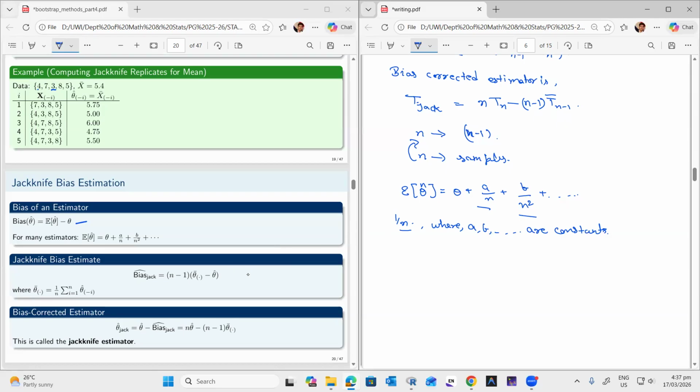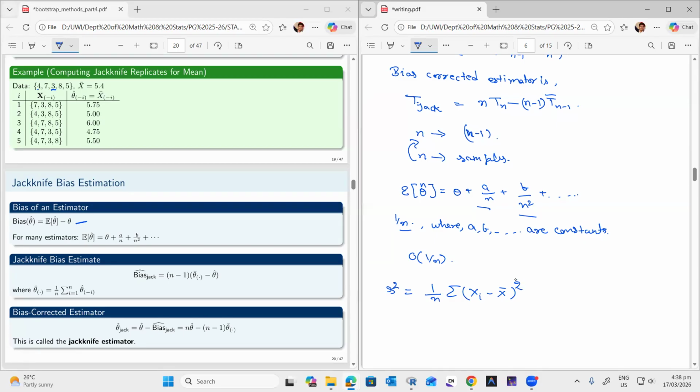This structure is crucial for understanding why the jackknife works, since it exploits the fact that the bias is of the order 1 upon n. For example, we know that the sample variance is S square equals 1 upon n summation of (xi minus x bar) whole square.